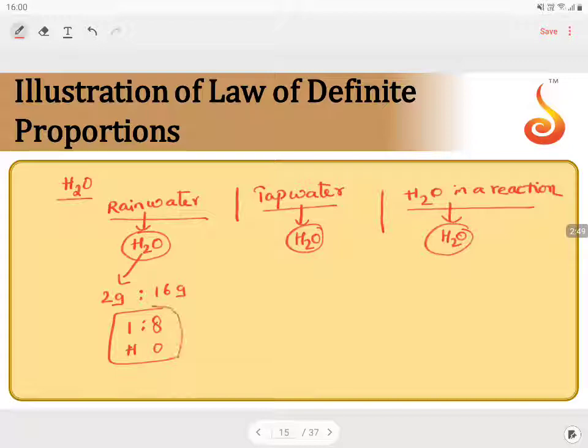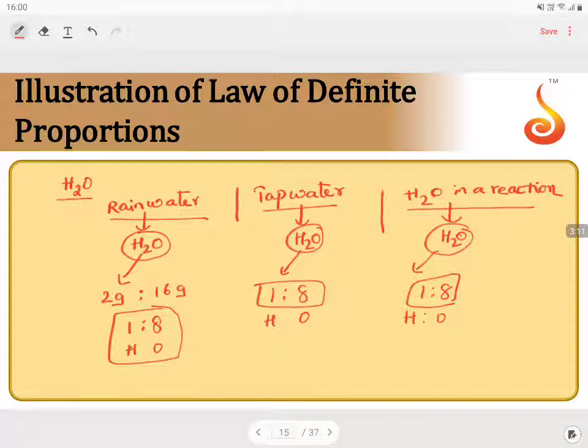They are always present in a 1:8 ratio. Even in tap water, you get the same conclusion: hydrogen and oxygen are present in the same ratio of 1:8. Even in water produced in a chemical reaction, on checking the composition, hydrogen and oxygen remain in the same ratio.